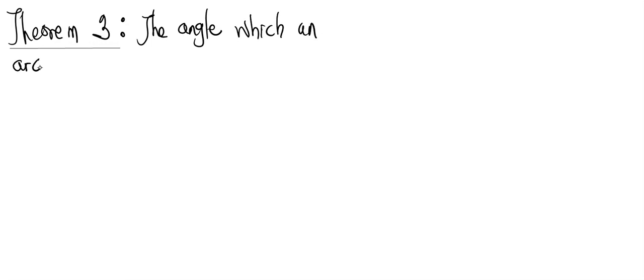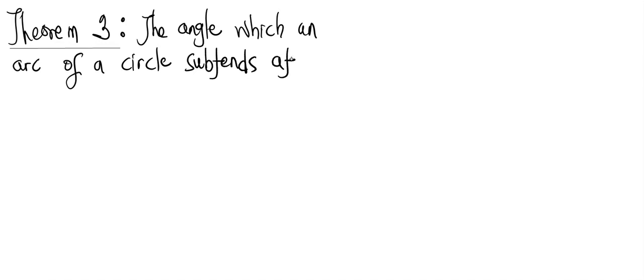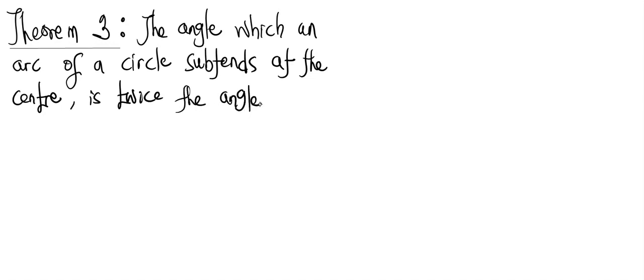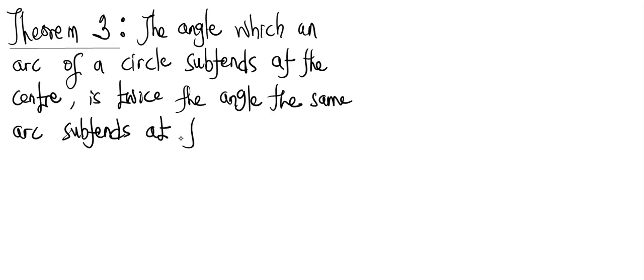Theorem 3 states that the angle which an arc of a circle subtends at the center is twice the angle the same arc subtends at the circumference.